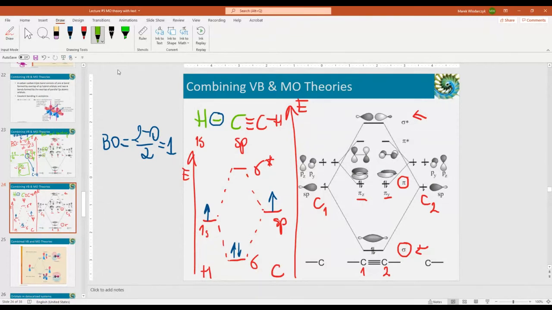You can start with the atomic orbital of 1s. What is the shape of the 1s orbital? Anybody? It's a sphere, yeah? So all you have to do is just draw the sphere, okay? Then what is the shape of the sp orbital? You don't have to look far, you just look around here and you see that the sp orbital will look like this, basically.